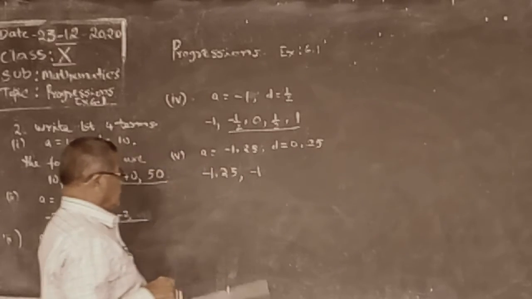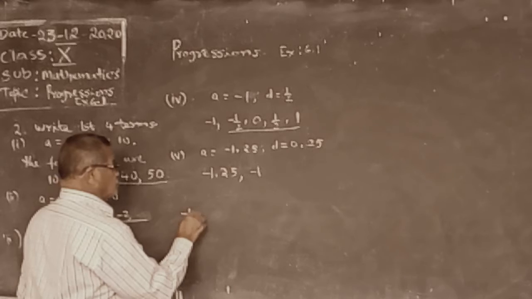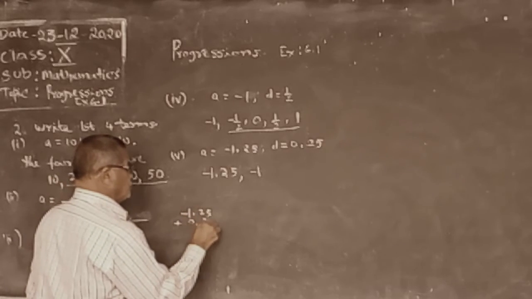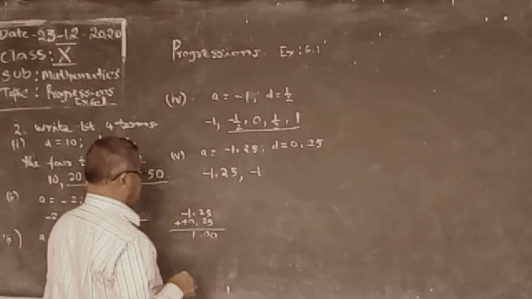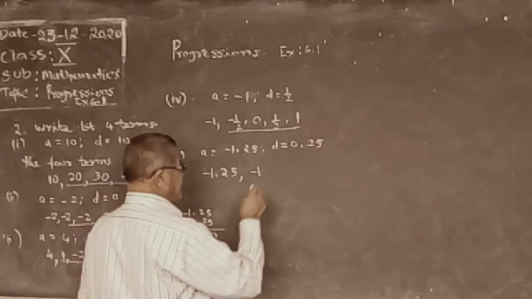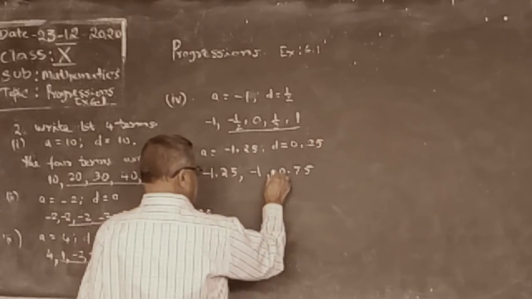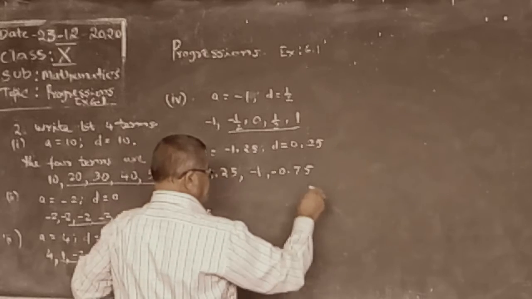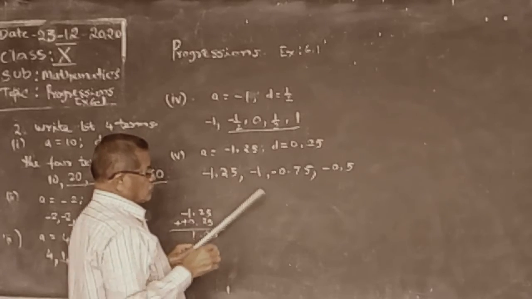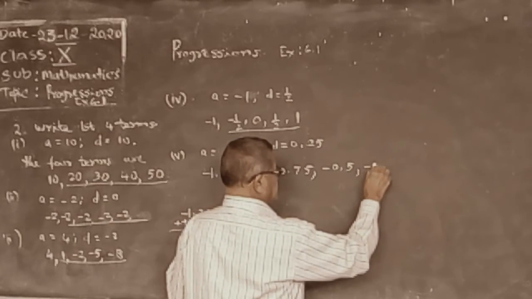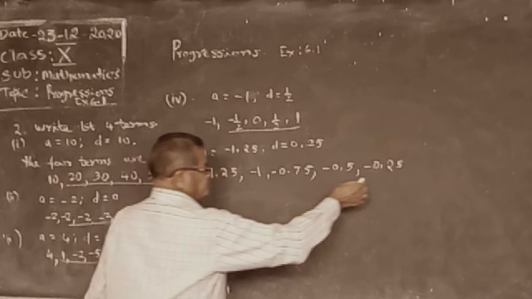Then again adding 0.25, 0. Then 0.25, and so on. These are the 4 terms.